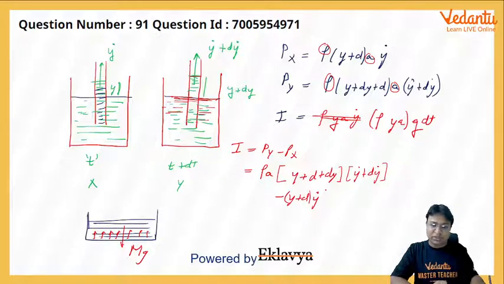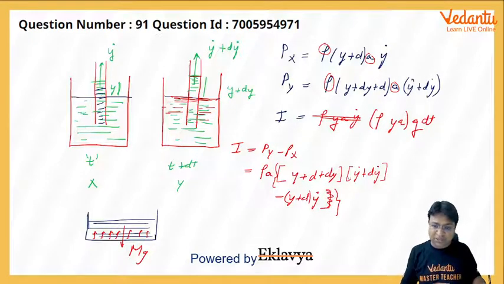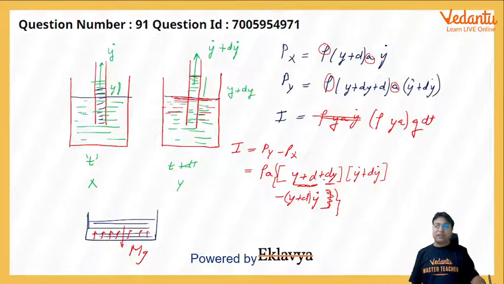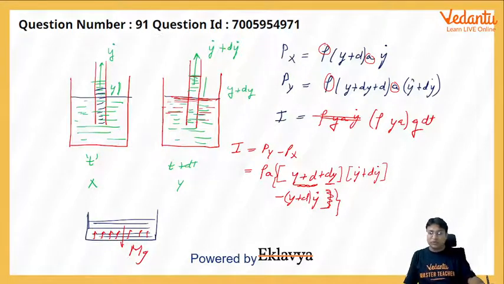Now notice carefully. We have two quantities in the bracket and two quantities here, so 2 into 2, four quantities we are going to get.